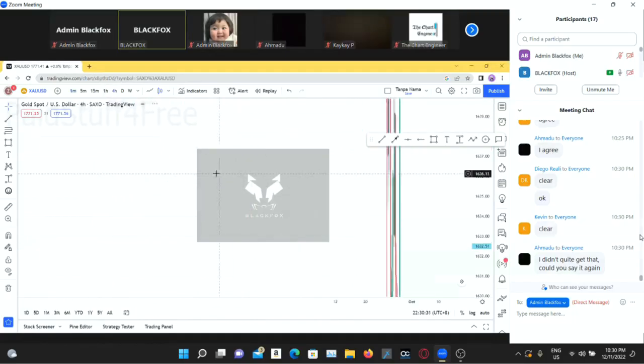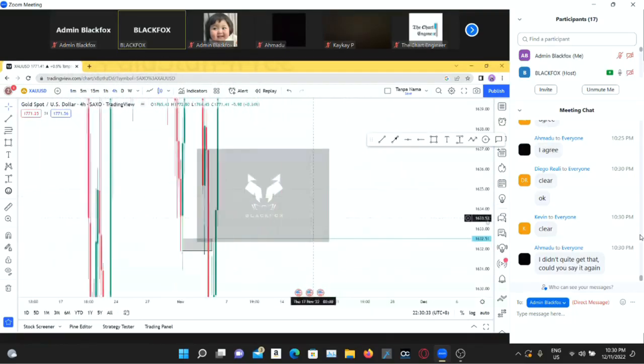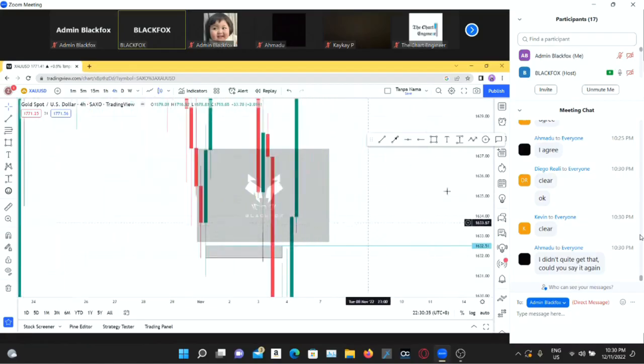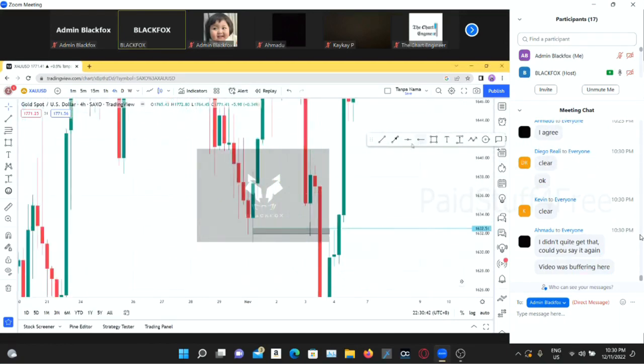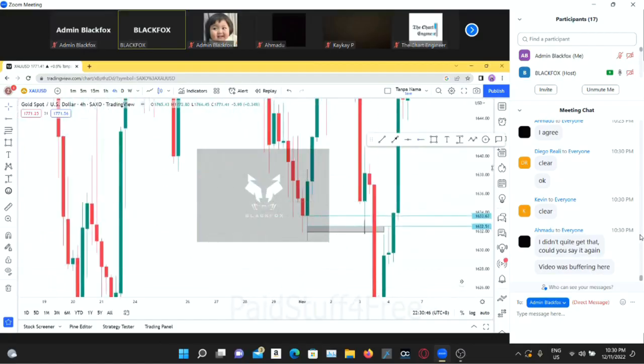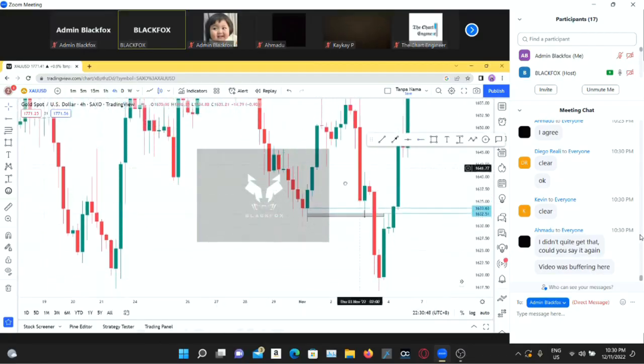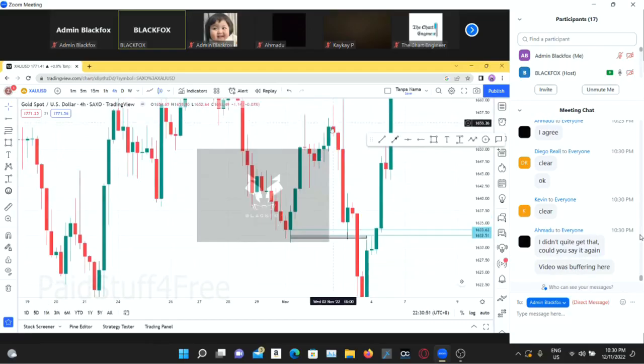Okay. For example, if you want to take H4 support, so this one H4, you want to focus, and this is the storyline. From resistance, new resistance to support.